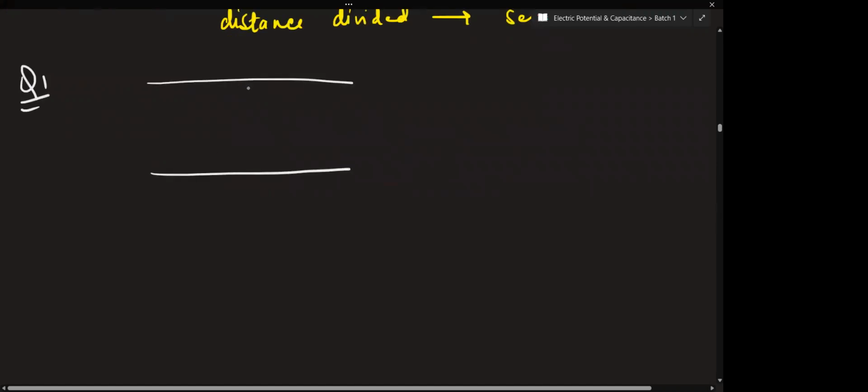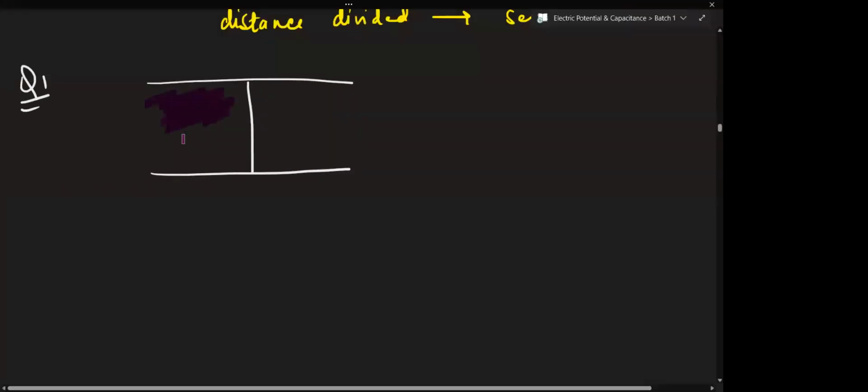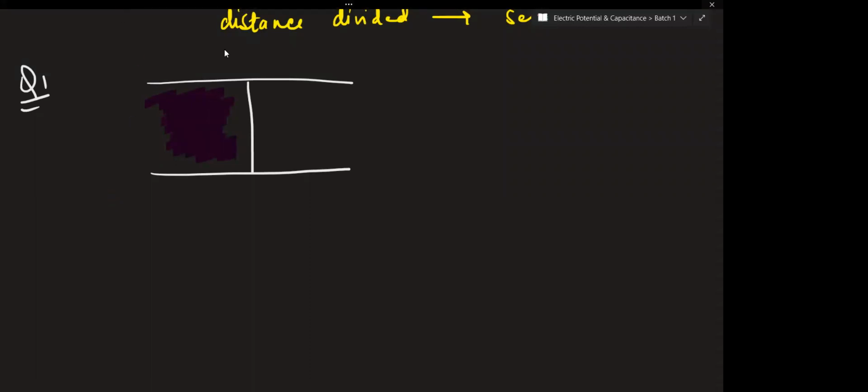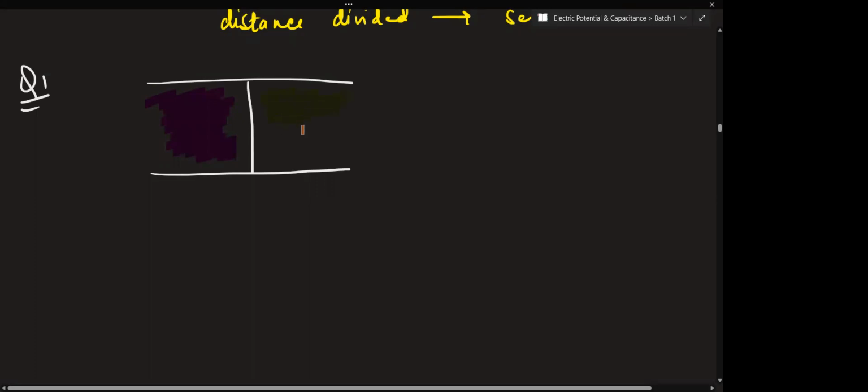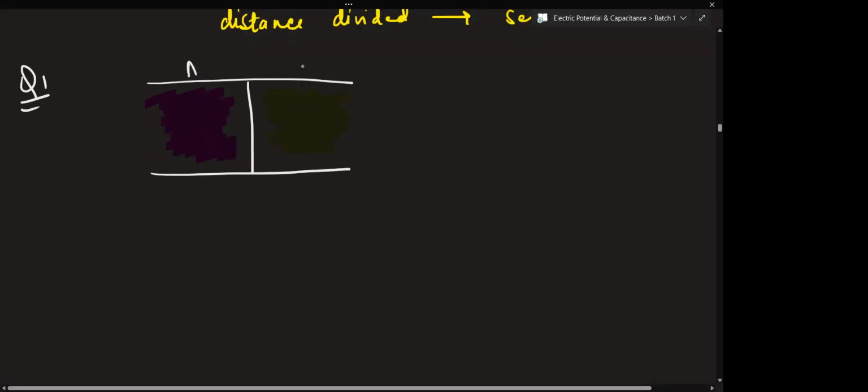This complete side is filled with a single dielectric slab, and the other side is filled with another dielectric slab. Now this has become A by 2, and this has become A by 2. Initially this whole was A. Now because of the insertion of K1 and K2, it has become A by 2, A by 2, and this has been connected to a circuit.